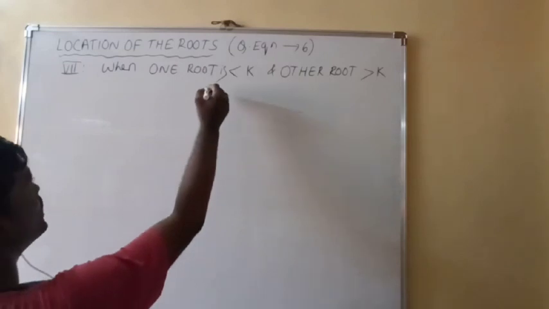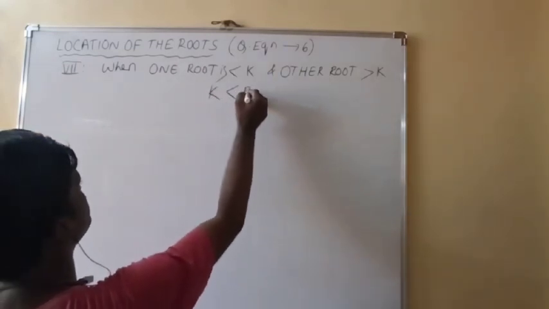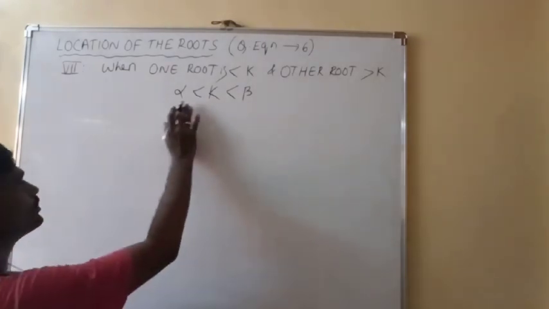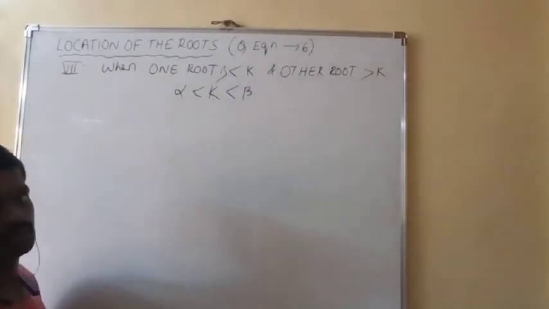That means k lies between the roots. See, alpha is smaller than k, beta is greater than k.